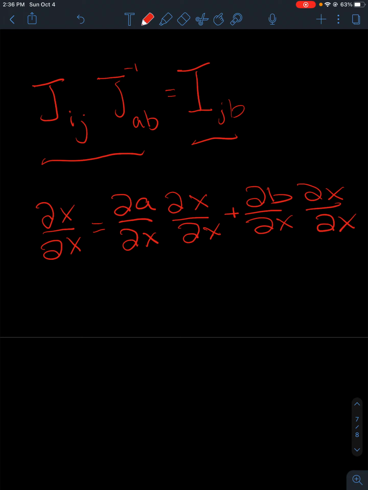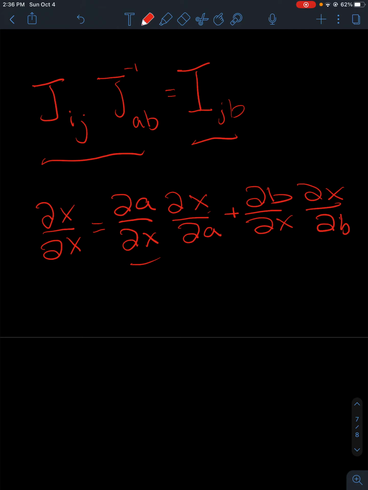I believe that's how you'd expand it in terms of the a and b coordinates, because these have to be in the bottom. Oh, this should be over a. This should be over a, and this should be over b. Okay?